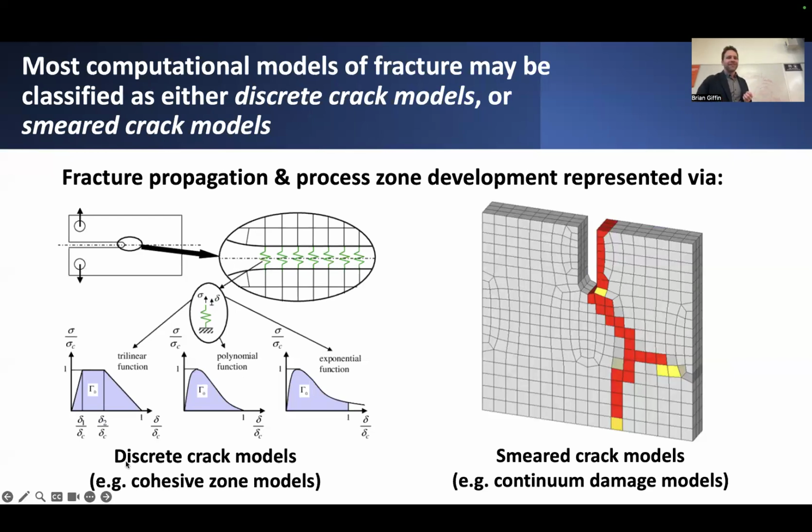So on the left, we have discrete crack models. These are actually trying to represent that strong discontinuity, or a jump in the displacement field. And one particular example, one of many possible different modeling strategies for including strong discontinuities in the solution field, is this so-called cohesive zone modeling approach.